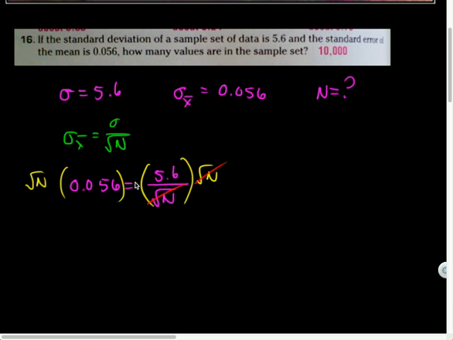You could also consider that multiplying both sides by the LCD to kill the fractions, but there's only one fraction to begin with. And then I have 0.056 times the square root of n equals 5.6. And then I would do what to get n by itself?